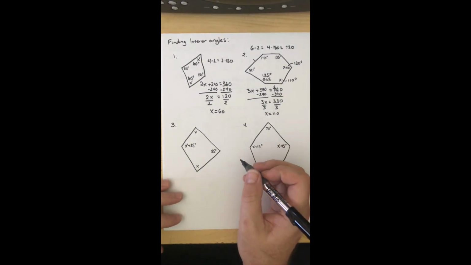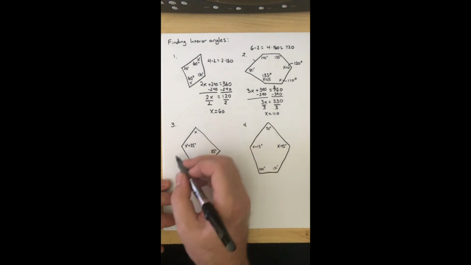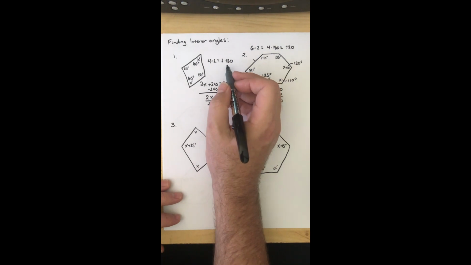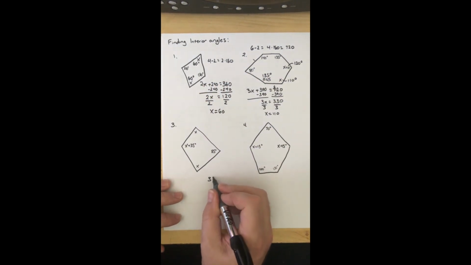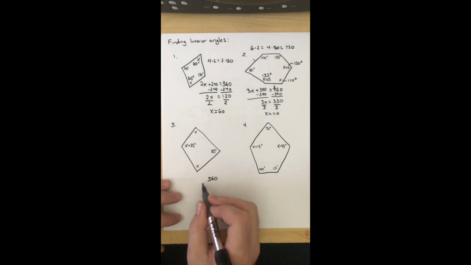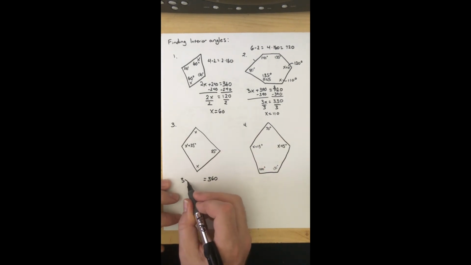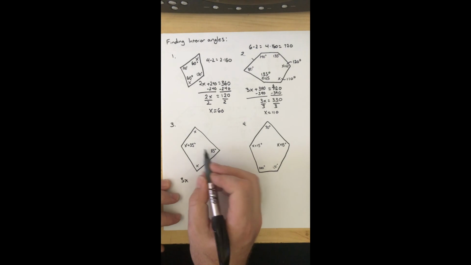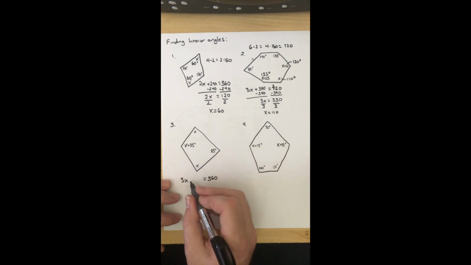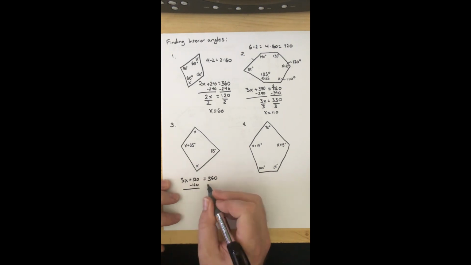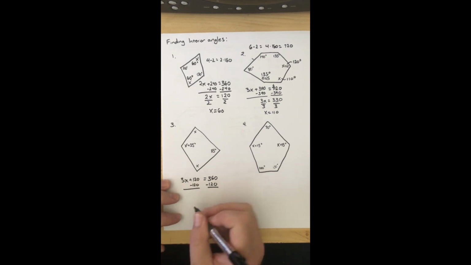Moving on, we're going to number 3. It's a 4-sider, so it's 4 minus 2. 2 times 180 is 360 again. This time I've got 3 x's. 85 plus 35, so that makes 90. 90 plus 30 is 120. I'm going to take that away from both sides.